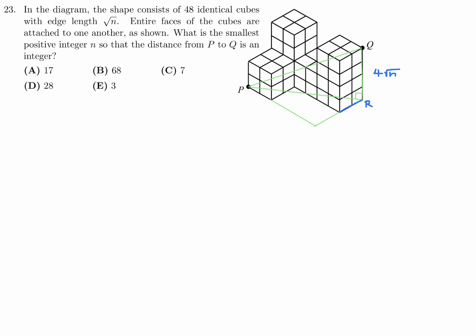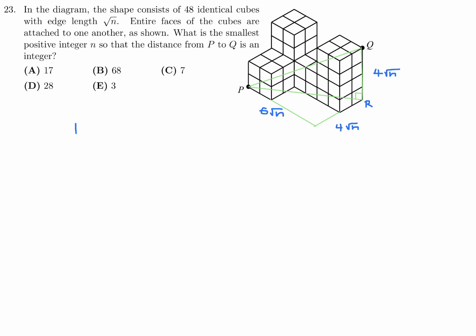From here to here, that is going to be 1, 2, 3, 4. So again, 4 root n. And we'll just call that 4 root n for now. And then from here to here, that's going to be 1, 2, 3, 4, 5, 6. 6 root n, like this.